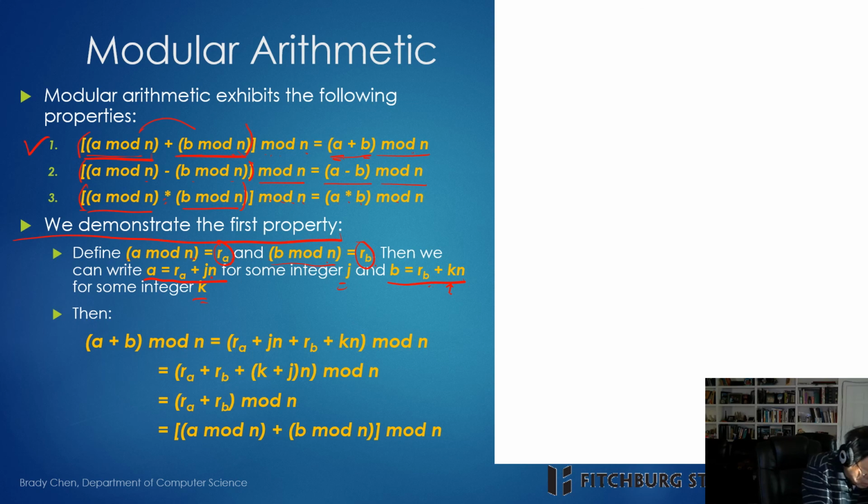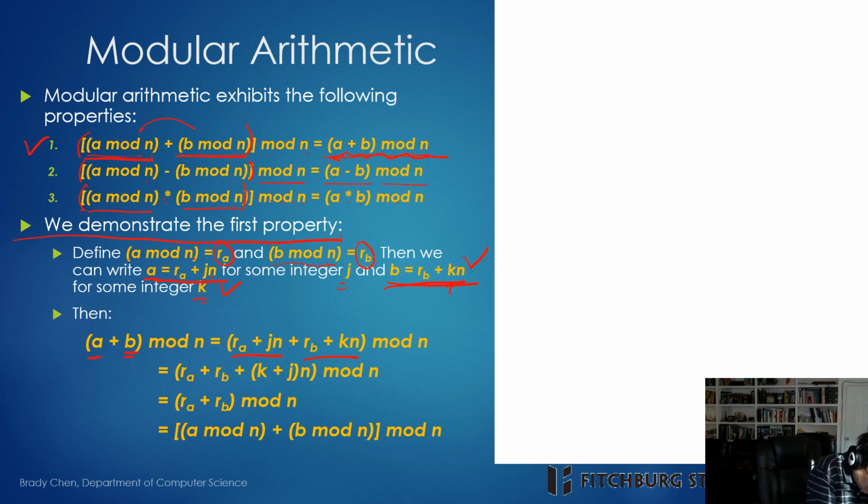Now, once we define this, we're going to start from A plus B mod n. A plus B mod n is the same as substituting A with Ra plus Jn, and substituting B with Rb plus Kn.